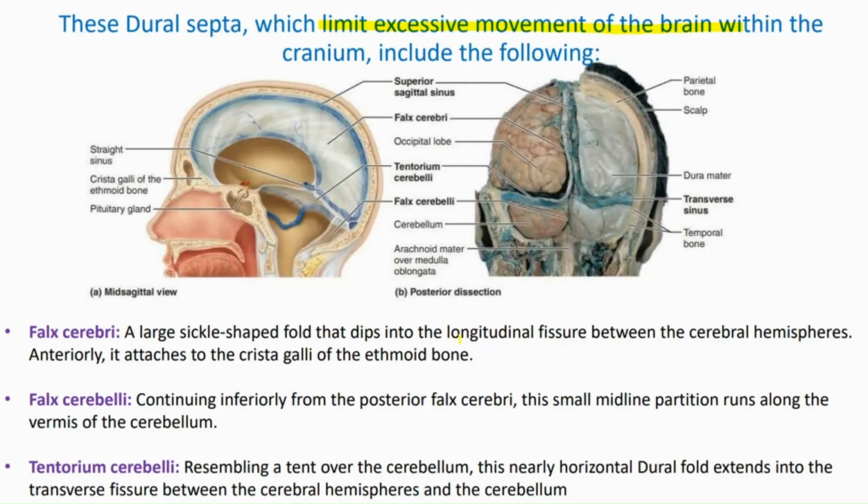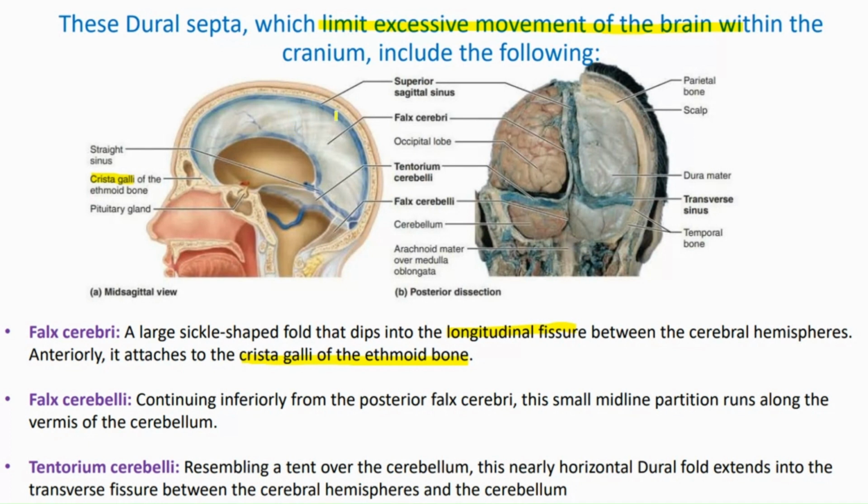It dips into the longitudinal fissure between the cerebral hemispheres, and anteriorly it attaches to the crista galli of the ethmoid bone. Here's the ethmoid bone. It's a bone of the skull, and it has a protrusion here called crista galli. So it attaches here and moves backwards.